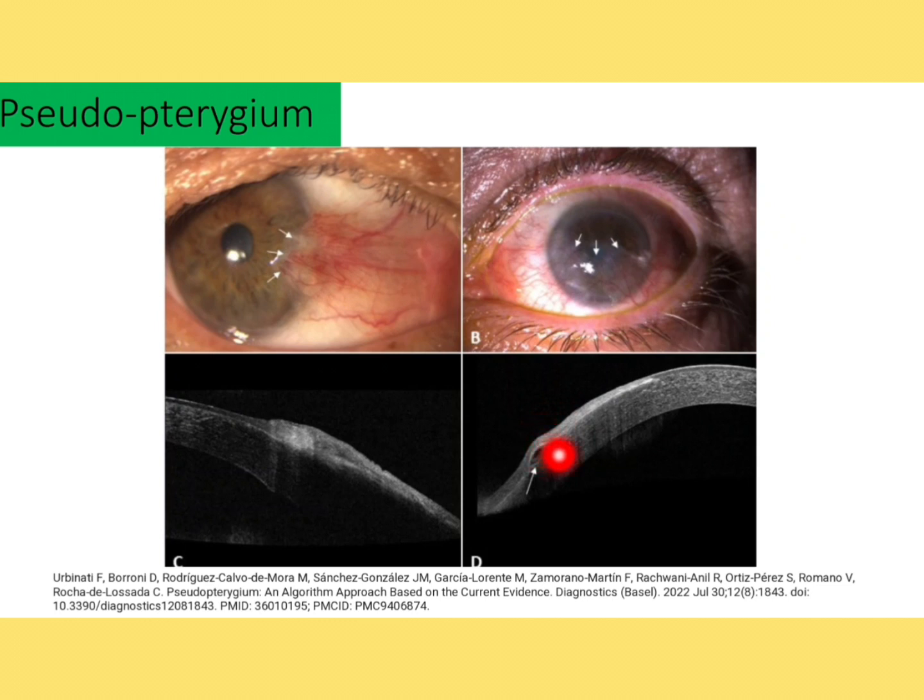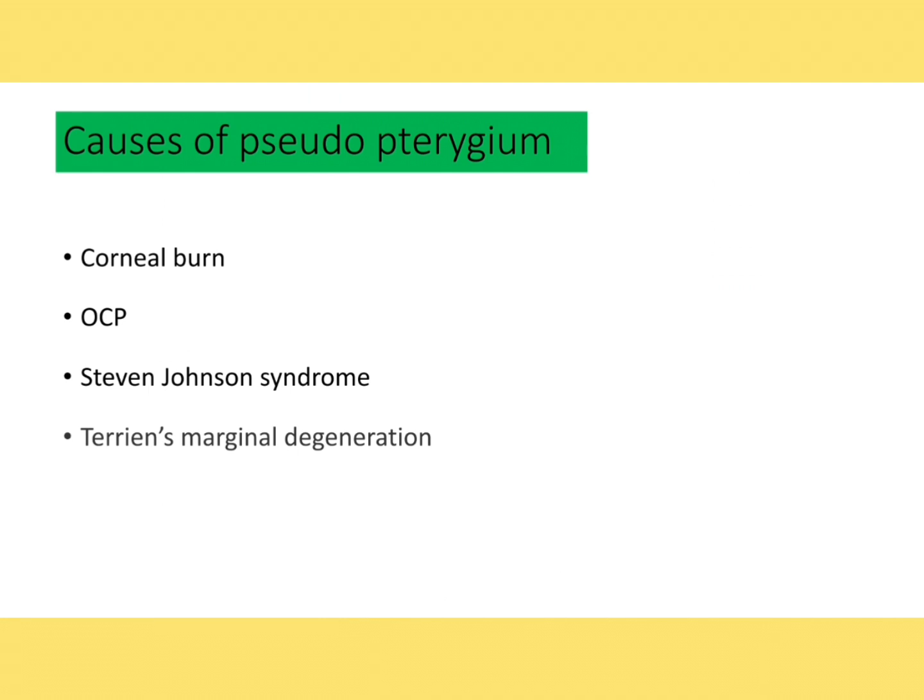So this is indicating that it is not actual pterygium, it is a pseudopterygium. Okay. So why does pseudopterygium happen? It can be due to corneal burn, ocular cicatricial pemphigoid, Stevens-Johnson syndrome, or peripheral marginal corneal degeneration. These things can lead to formation of pseudopterygium.